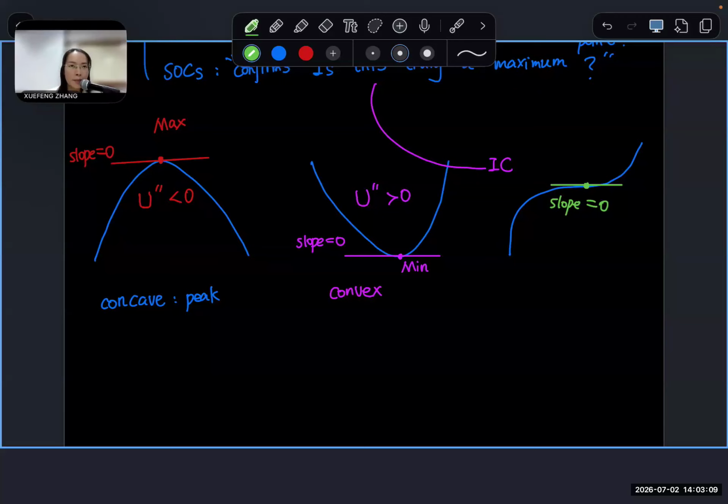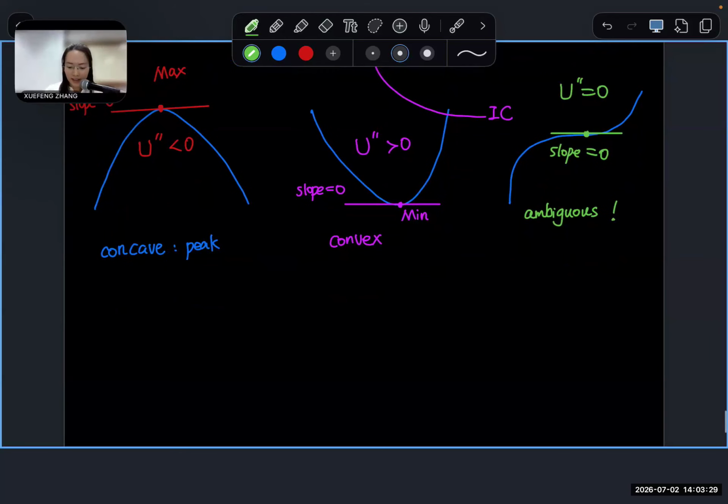It's ambiguous. In this case, the second order condition u double prime equals 0, and we don't know, because here is a saddle point.